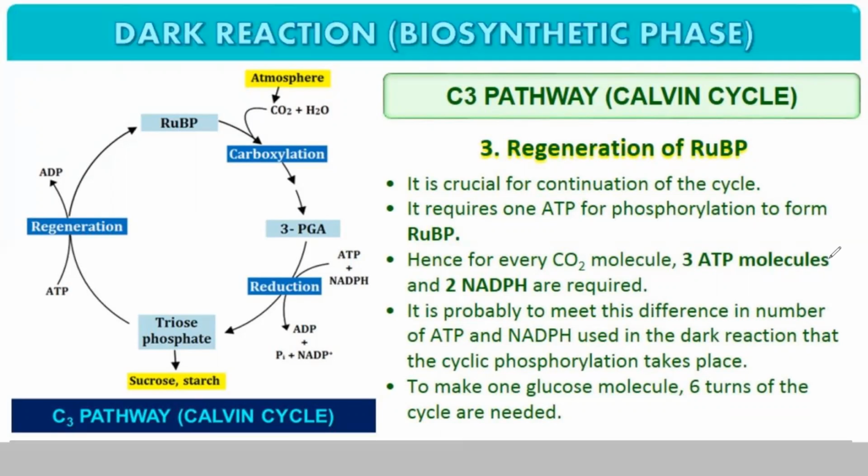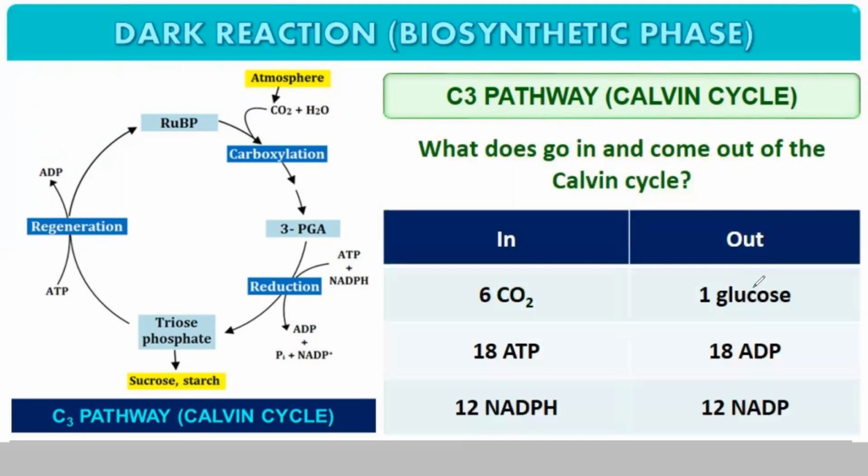It is probably to meet this difference in the number of ATP and NADPH used in the dark reaction that cyclic phosphorylation takes place. To make 1 glucose molecule, it needs 6 turns of this cycle.